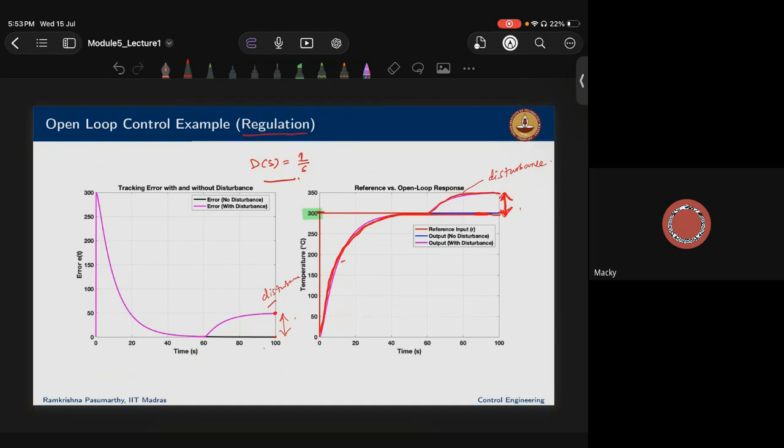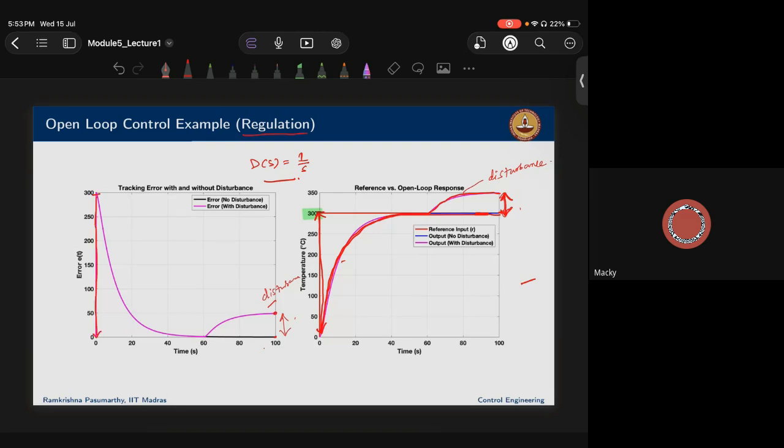Now if you see the left side image, you can see the tracking error. Initially the tracking error is very high, because of this much, 300. That is this initial level.